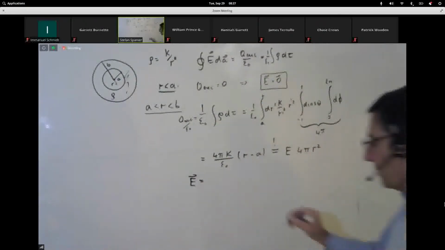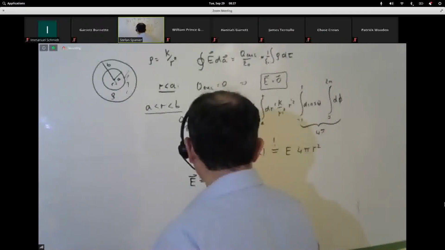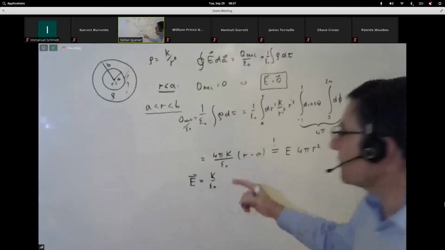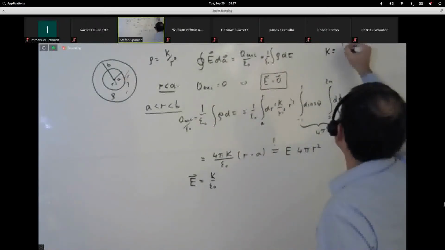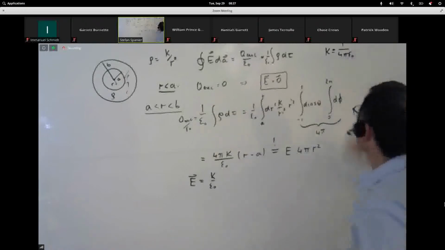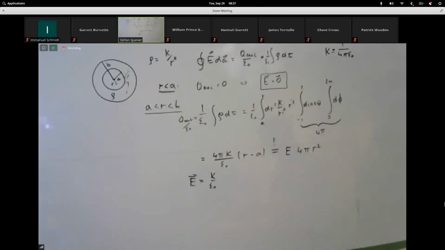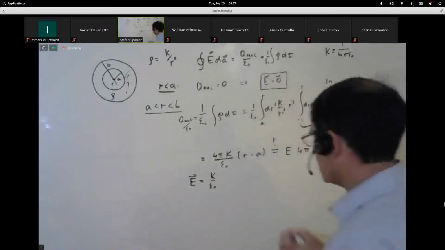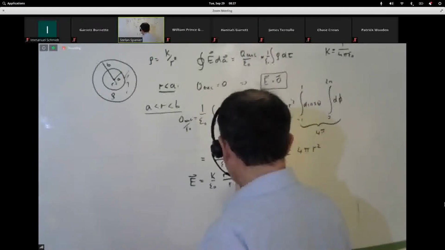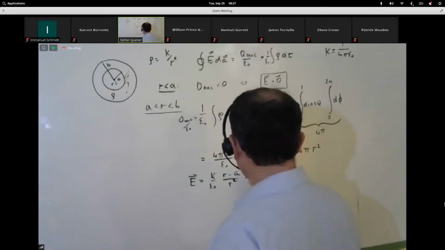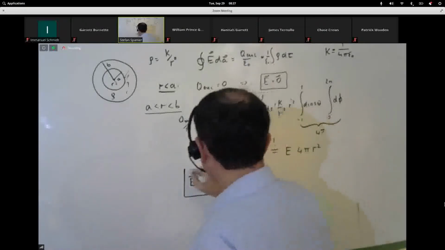So solving this becomes k over epsilon 0. K you may plug in. This is of course 1 over 4 pi epsilon 0. We have agreed on this, so you may not have to spell it out, but maybe to be complete, I'll write it out. But I keep it as k over epsilon 0, r minus a divided by r square, and then r hat. And that's the box.